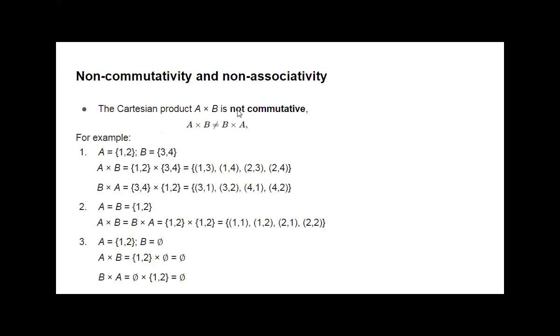Only two exceptions are there, and those two exceptions we have taken here: if the given two sets are equal sets, or of the given two sets, one of the sets is ϕ, that is a null set.